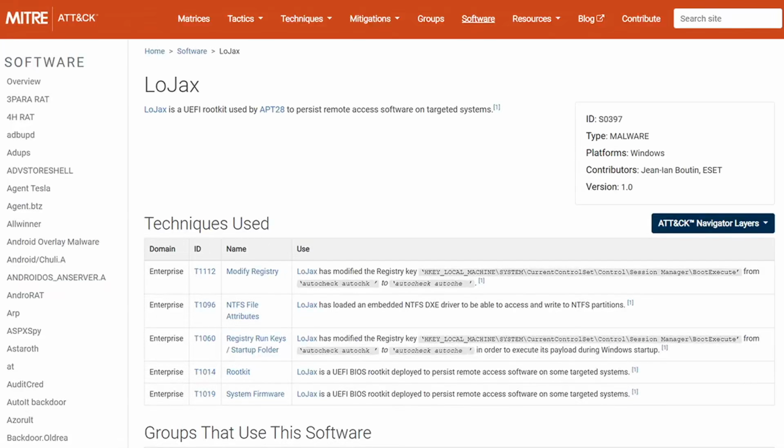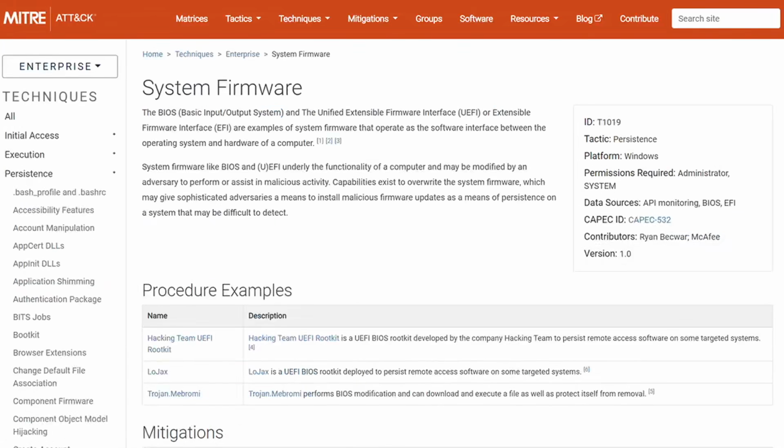Okay, so it's featured in ATT&CK and listed under the System Firmware technique. There are some other examples over there, but basically before LoJack, UEFI rootkits were mostly in the realm of theoretical proofs of concept or reported, according to leaks, functionality of government agencies or the Hacking Team software.